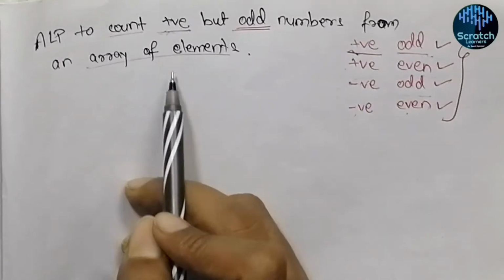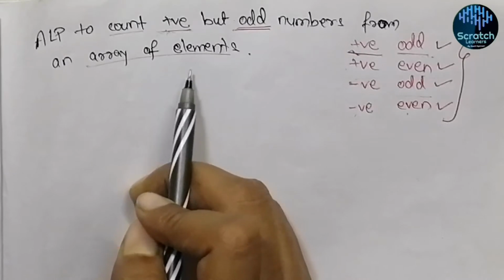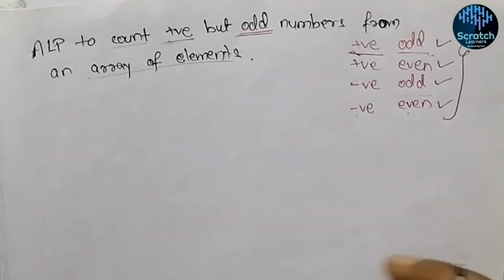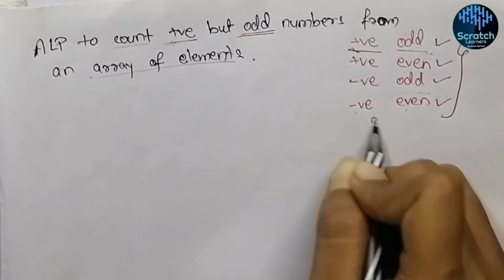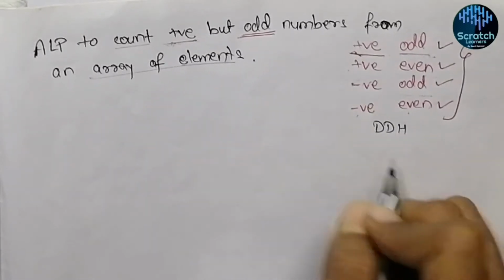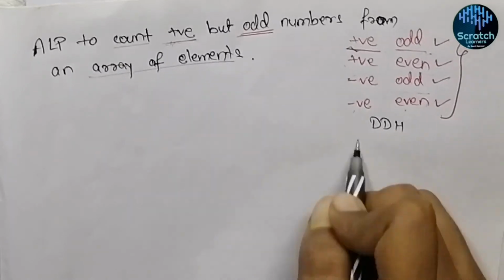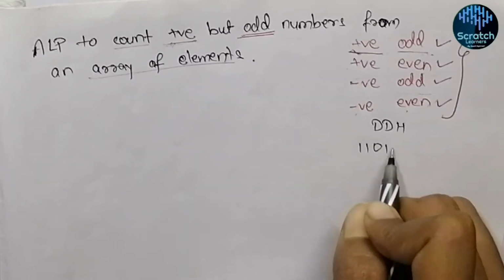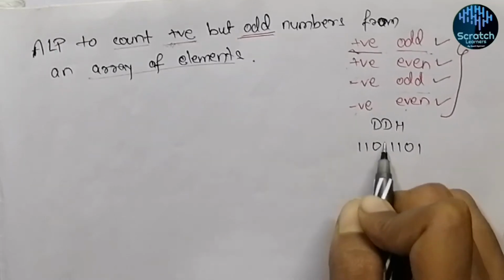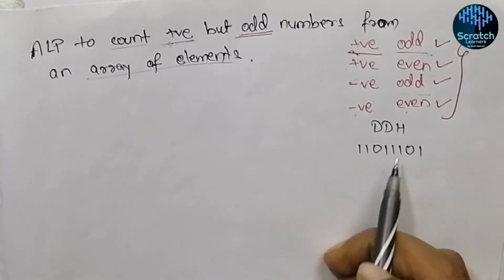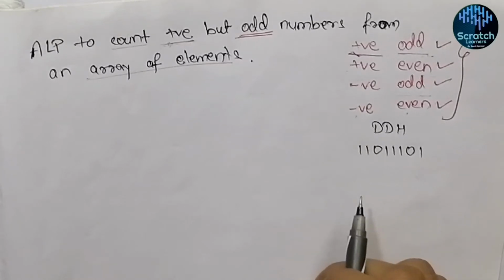Before solving this program, let's clear some ideas about positive, negative and odd or even numbers. Let's consider any data like DD hex. If we write it in binary format, we get 11011101, which is an 8-bit number. How do we determine whether this number is even or odd?